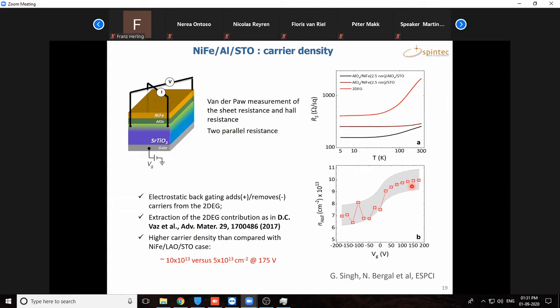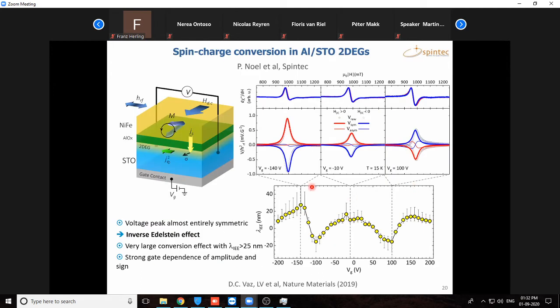So we have much larger doping in this case than with LAO. So we can go higher in the band structure. This is the raw data of the spin pumping at several gates: minus 140, minus 10, and plus 100 volts.